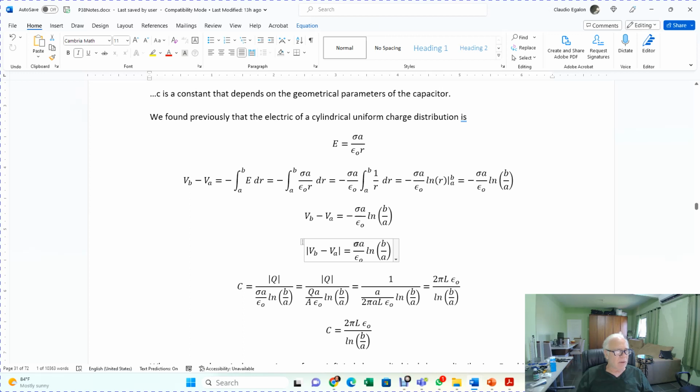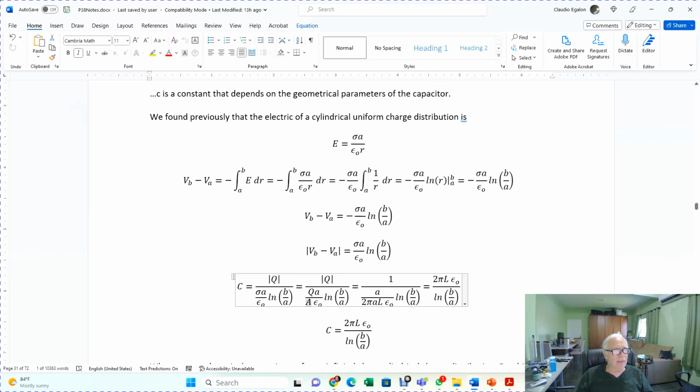For the sake of this course, remember the electric potential difference will always be proportional to the electric charge. That's why you end up having no charge or voltage in the equation, but only the geometrical parameters of the capacitor. Where did I get this L? Okay, this L here, which is the length of the capacitor, came from the area, 2 pi r times L.